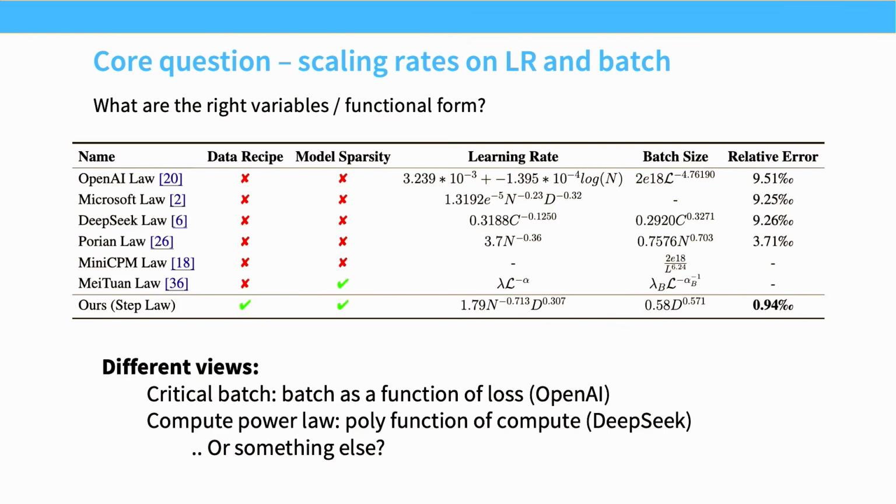This is the compute-based scaling laws for both learning rate and batch size. And a couple of other folks have proposed various kinds of scaling, including MiniCPM, which we talked about as well. Another important thing I want to point out is that these formulas for learning rate and batch sizes don't even have the same inputs. People don't even seem to agree on what the variables are that should affect these learning rates.